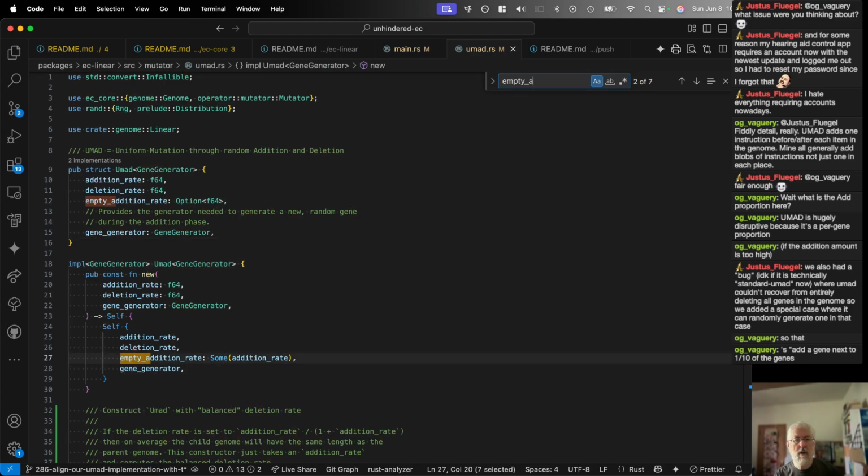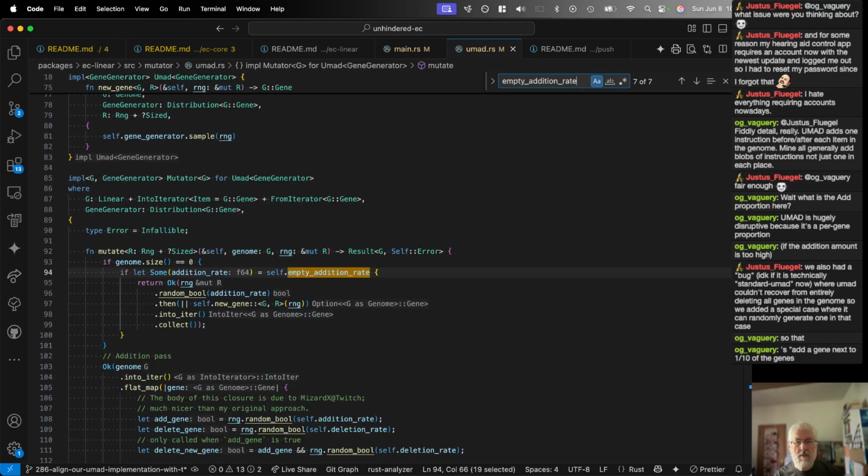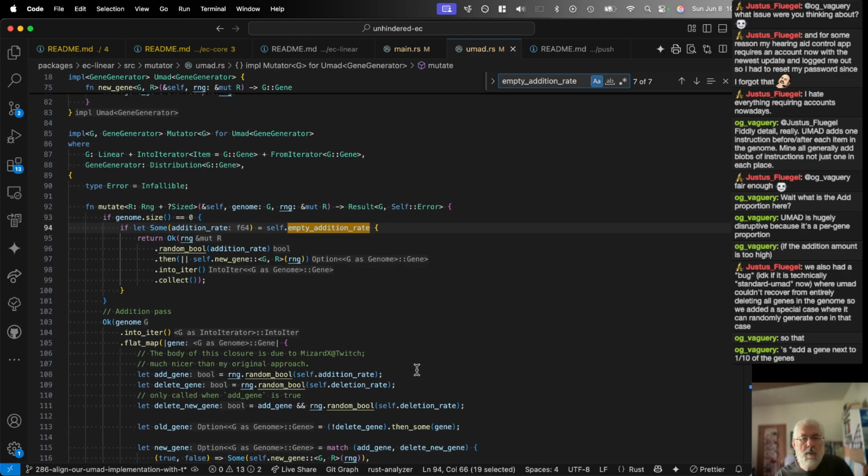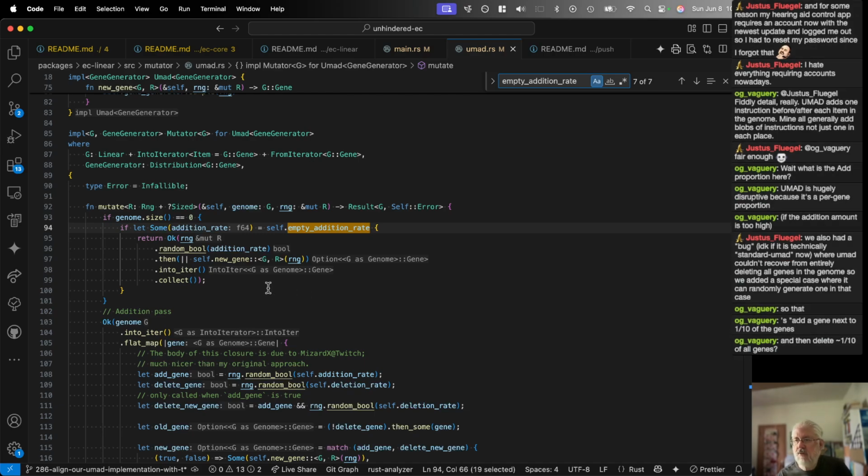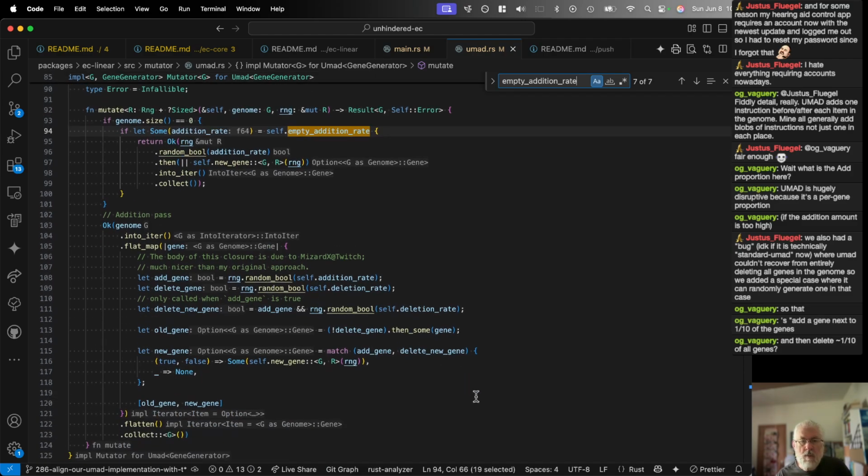So if the genome size is 0, and if we have an empty addition rate, then we flip a coin and decide whether we want to add a new gene or not. We set that by default to be the regular addition rate, but we can leave it as nothing, in which case you just get your empty thing back.